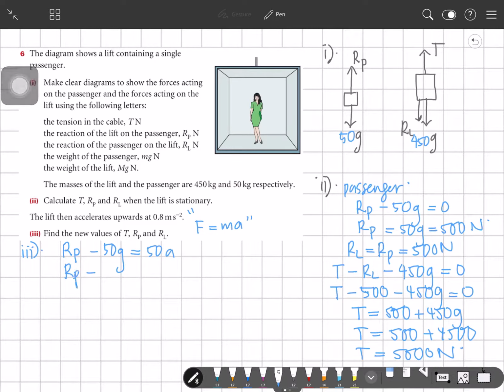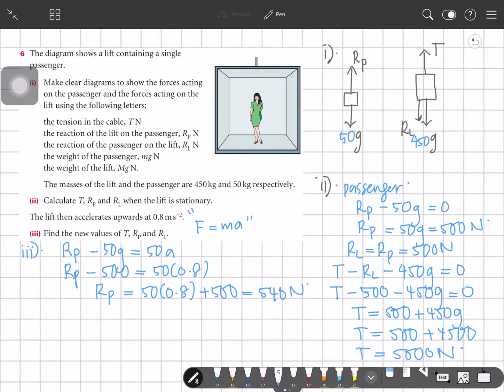So R of P equal to 500 plus 50 multiplied by 0.8. So the value of R of P is 50 times 0.8 plus 500. In total, we will have R of P equal to 540 Newton.